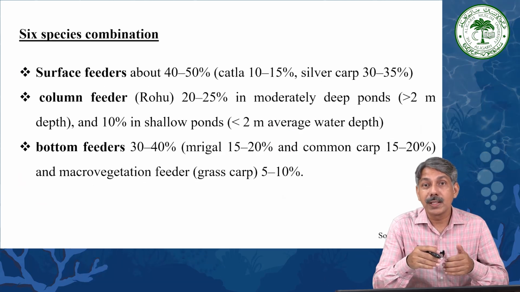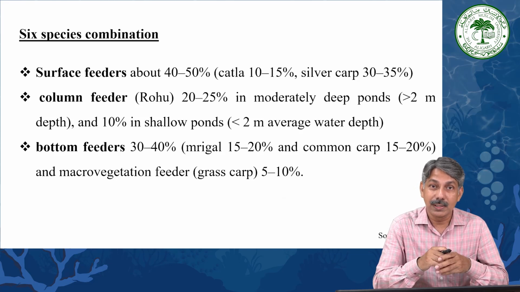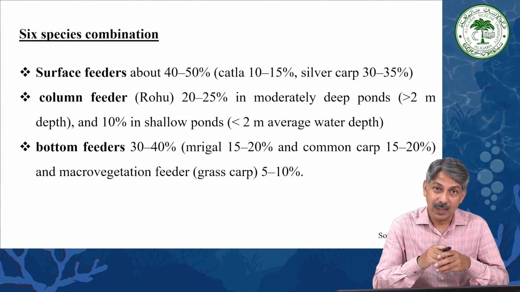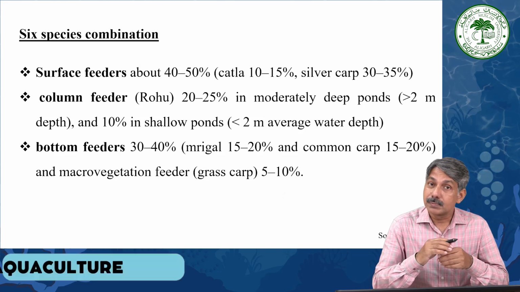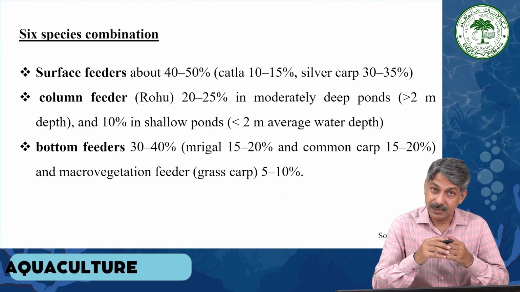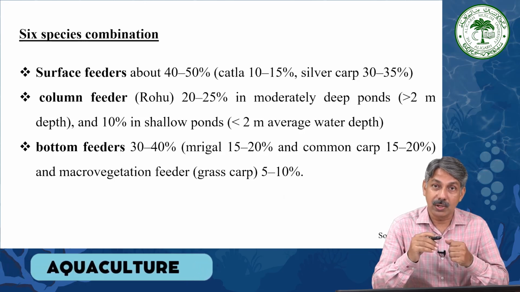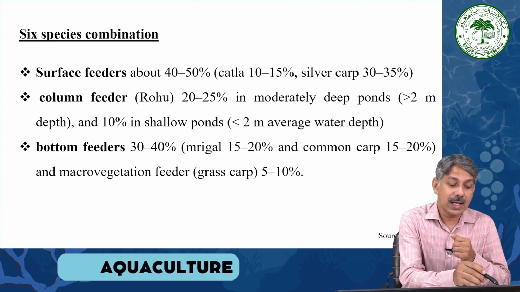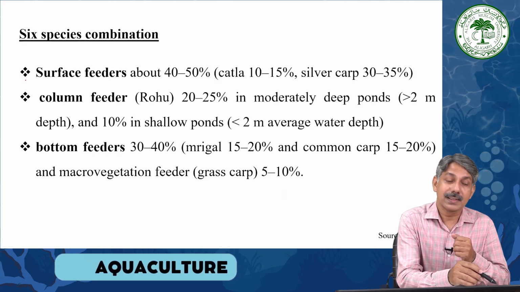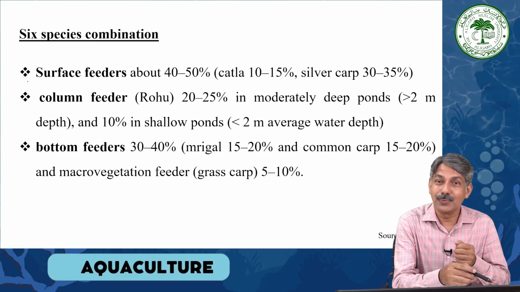When we are culturing more than one species in the pond, if you can recall from my previous lectures, I told you that this is also known as polyculture. So in this semi-intensive farming system, utilizing the polyculture concept, we have to utilize the entire water of the pond.